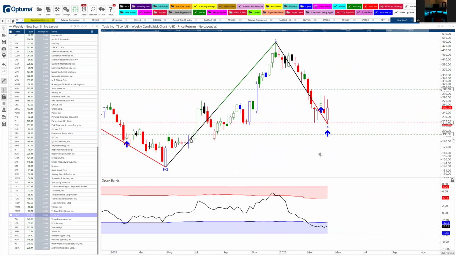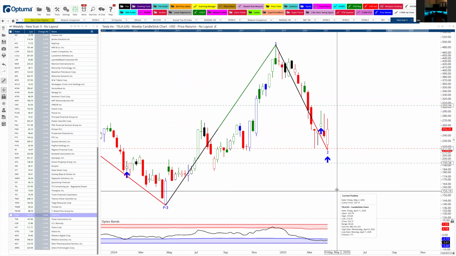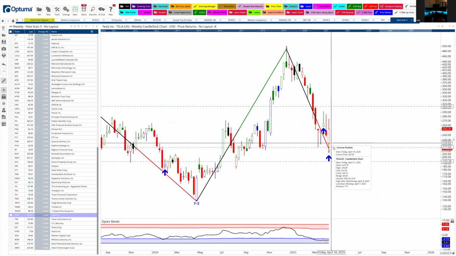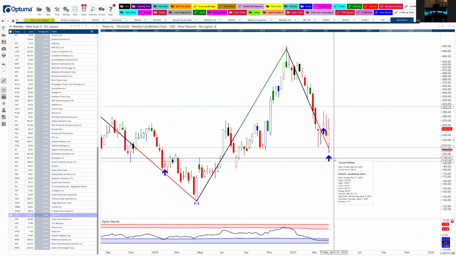Interesting. I didn't even see this one since yesterday. I run these scans over the weekend. I usually do them yesterday at the close. Tesla might be in for a pop.